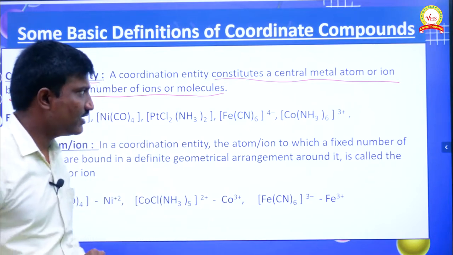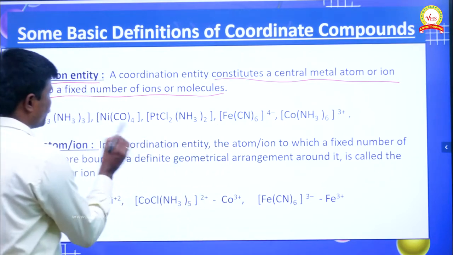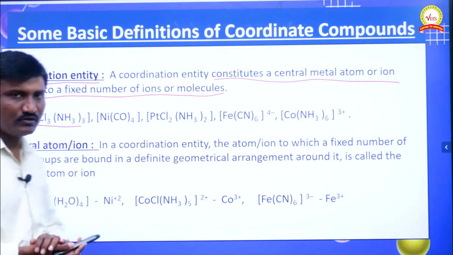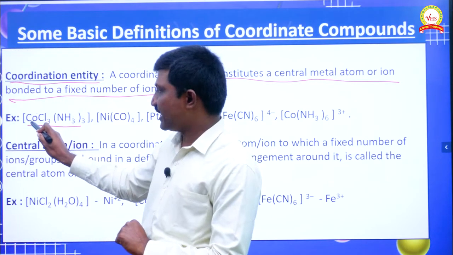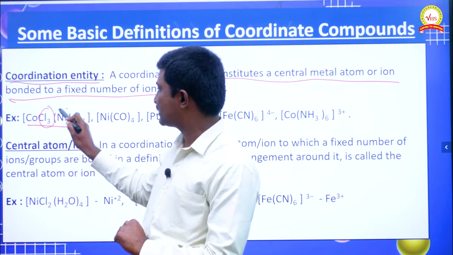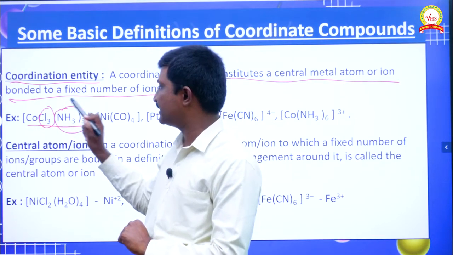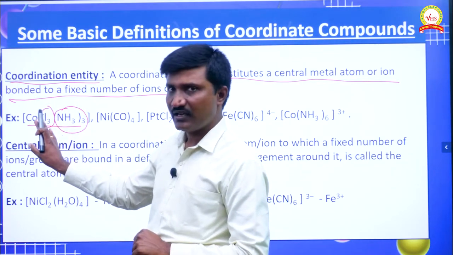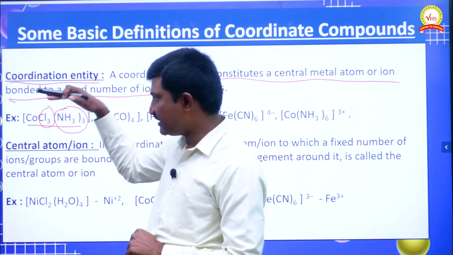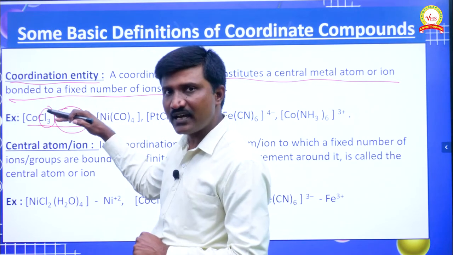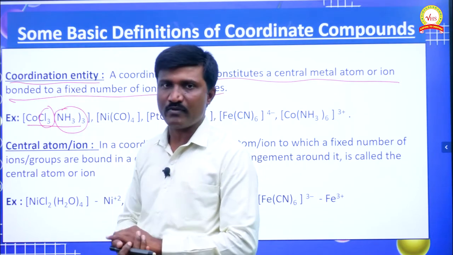So, for example, if I take this complex compound, here cobalt is a metal atom which is bonded to 3 chloride ions and 3 ammonia molecules. When cobalt forms this complex compound, 3 chloride ions and 3 ammonia molecules should bind to the cobalt.